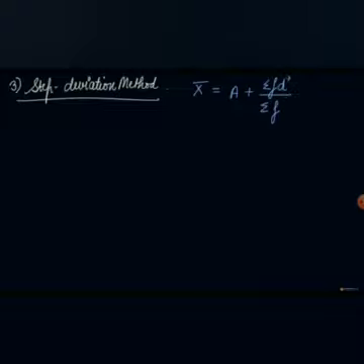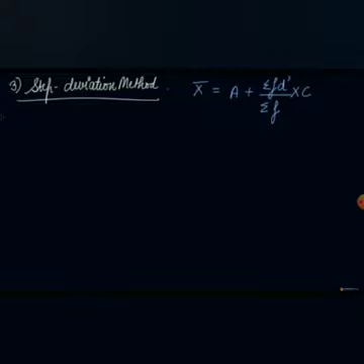Then you will get d dash, and then you will multiply by the common factor. We always use the step deviation method in order to simplify the calculations. So in this way we will find the mean using the step deviation method.